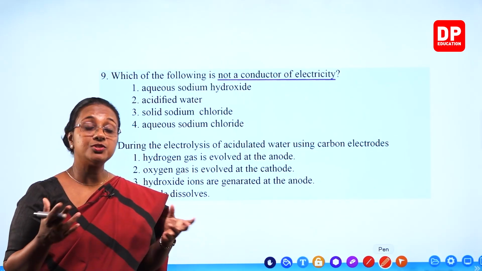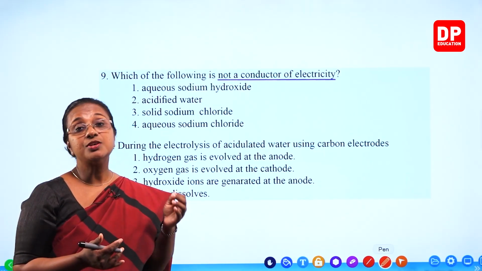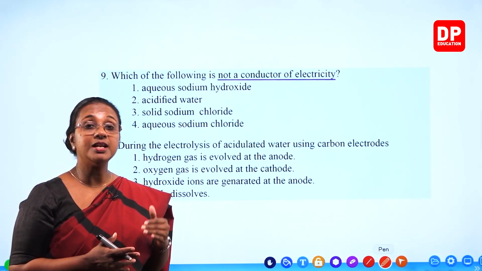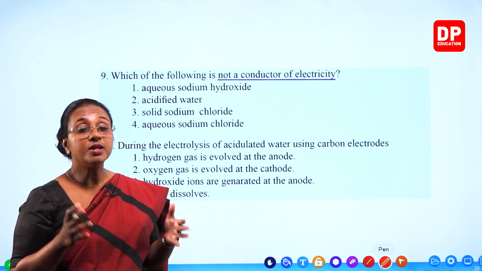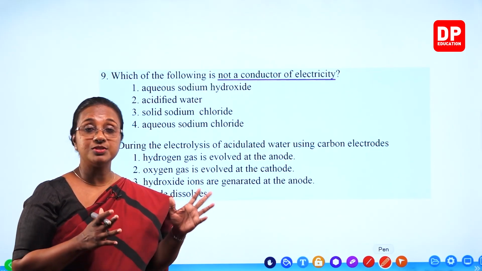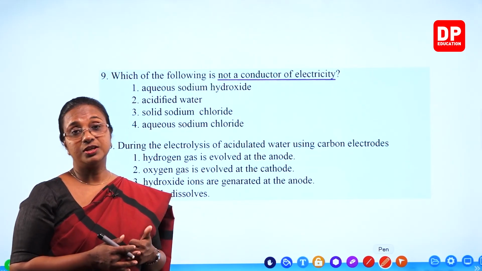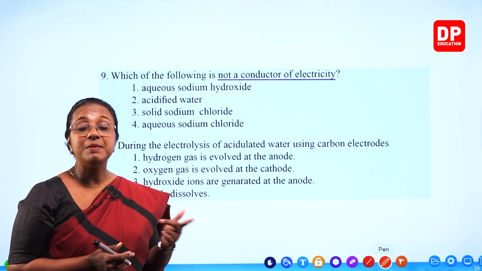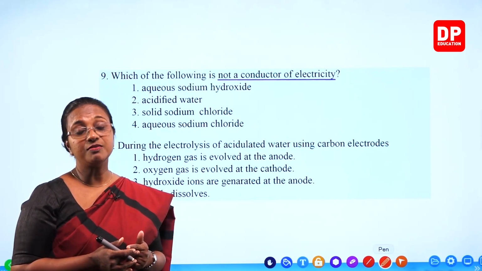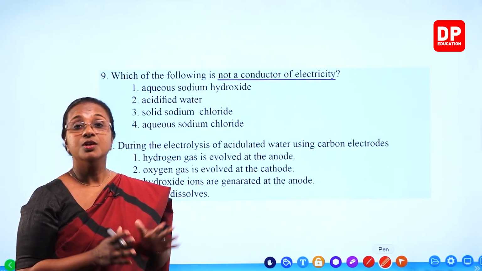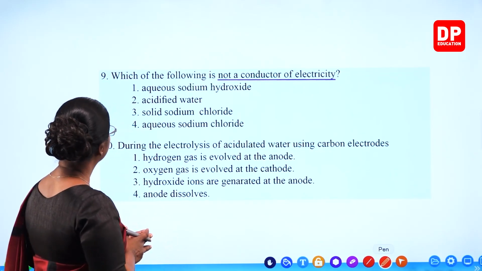When we say liquids or solutions, liquids of ionic compounds, fused or molten ionic compounds, or the solutions of ionic compounds are good conductors of electricity. Acids are good conductors of electricity. Bases are good conductors of electricity. They are all in the solution form. So you all are familiar with that.